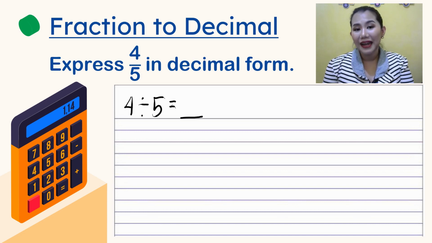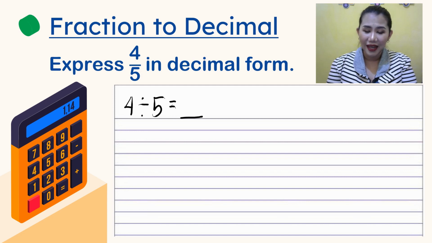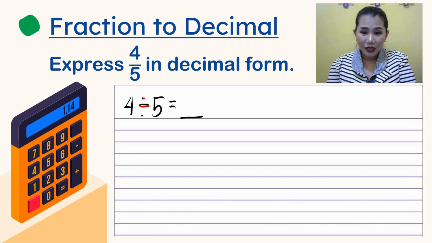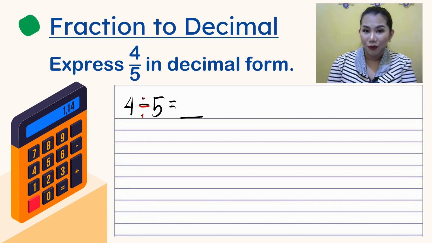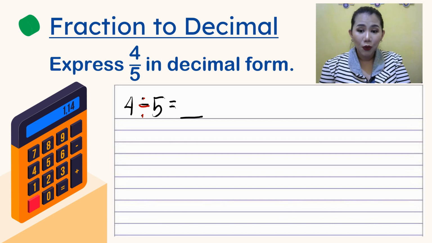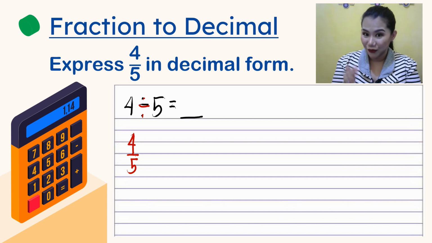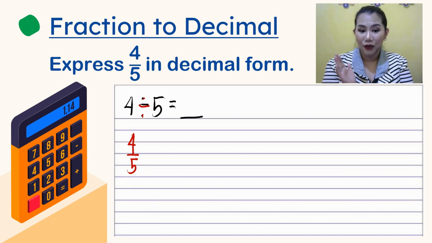Now that you're already a junior high school student, we are not asked to write 4 divided by 2 and then equals blank this way. We're not going to use that simple form anymore. But you know pretty well that if you have 4 out of 5 like this, dapat alam nyo na yun ay 4 divided by 5. The operation is still division.